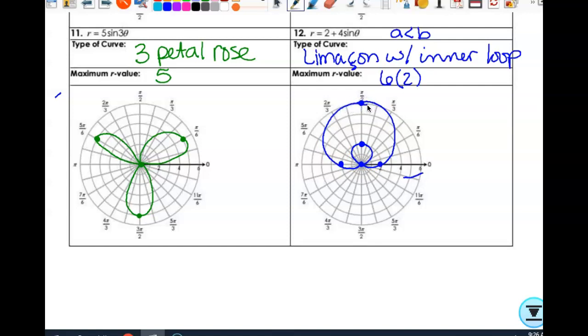Kind of looks like a seashell. It's bad. It's okay. All right. We good so far? Do you understand how to figure all this stuff out? It's really fairly simple as far as graphing is concerned.